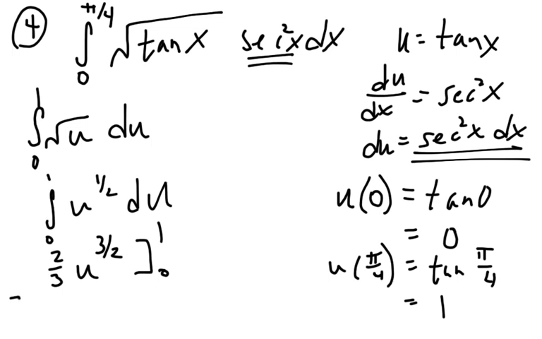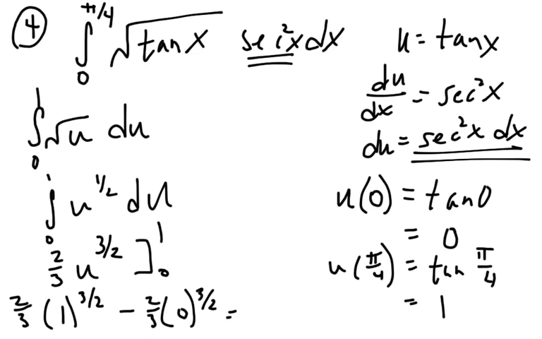So this is 2/3 of 1 to the 3/2 power minus 2/3 of 0 to the 3/2 power, which is 2/3 minus nothing, which is 2/3.